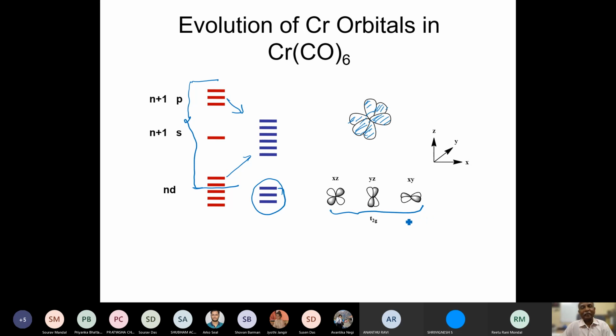These orbitals lying between the axes are now left unhybridized or unmixed, and they are the ones that are going to hold the 6 valence electrons of chromium. So the 6 valence electrons of chromium are seated here, and the 6 empty orbitals of chromium are generated from d2sp3, and that will give you an octahedral hybrid.